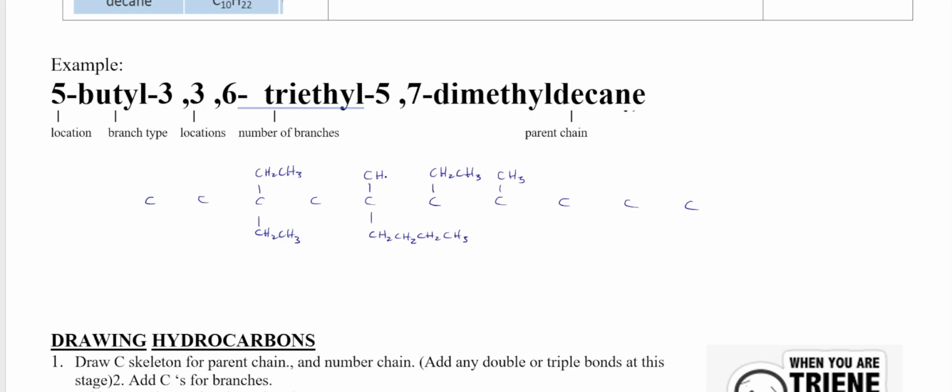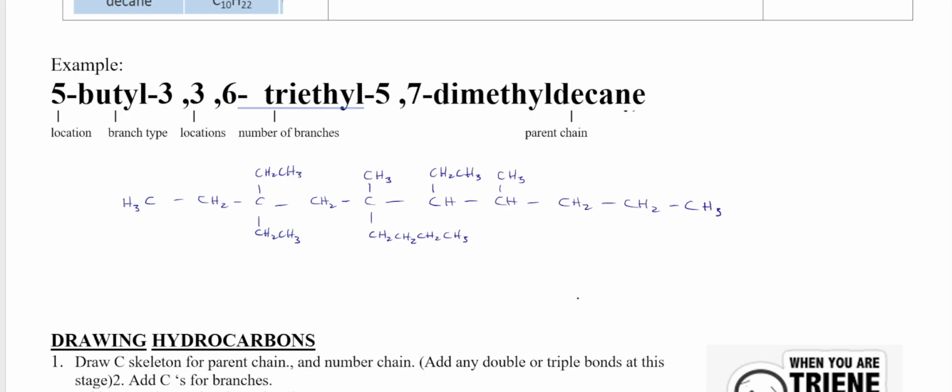The bonds can rotate. And now it's just a matter of adding in the hydrogens. So make sure that your carbon is forming 4 bonds, right? So you add the hydrogens necessary to make carbon have 4 bonds. All right. And so there's your 5-butyl-3,3,6-triethyl-5,7-dimethyldecane.